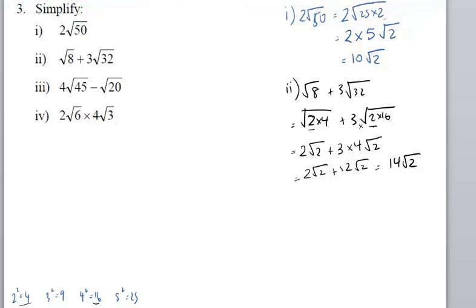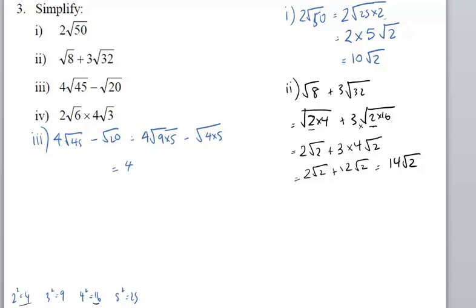So now we'll look at question 3. We have 4 multiplied by square root of 45 minus square root of 20. So we've got to think about these ones through. Well, 9 times 5 is 45. So we have 4 square root of 9 times 5, and square root of 20, we know here, well, 20 is 4 times 5.